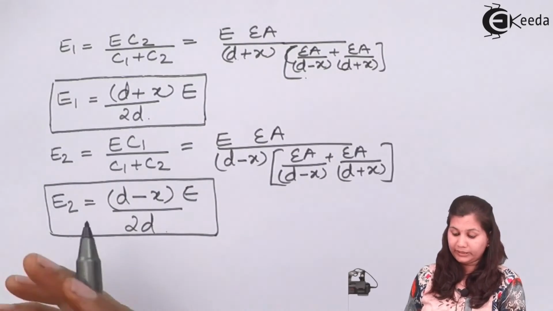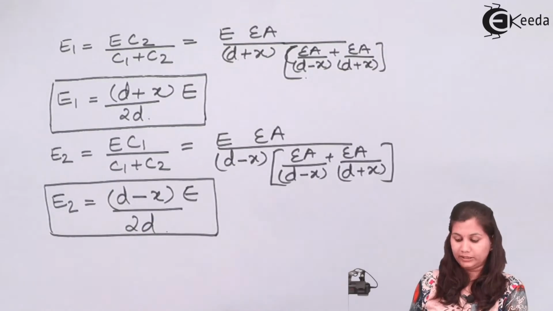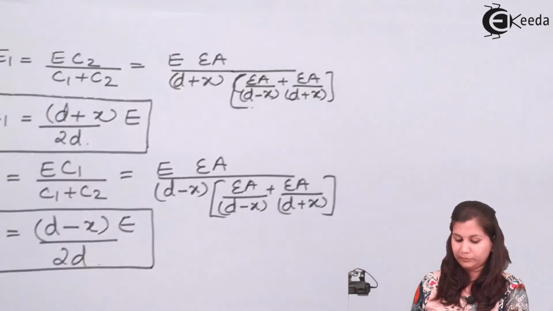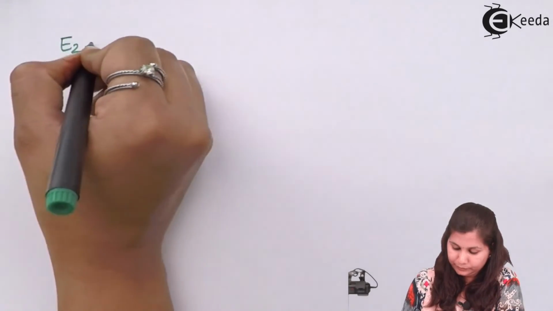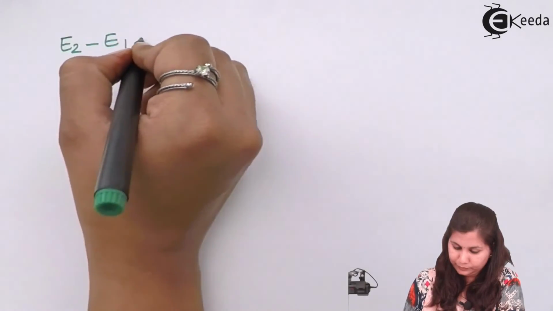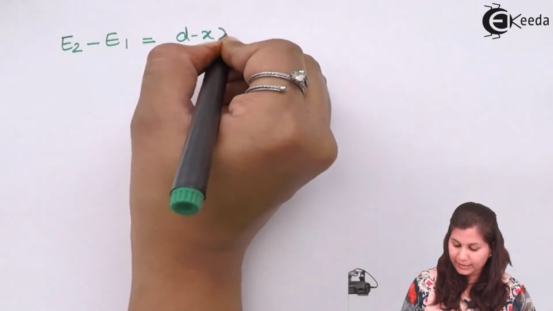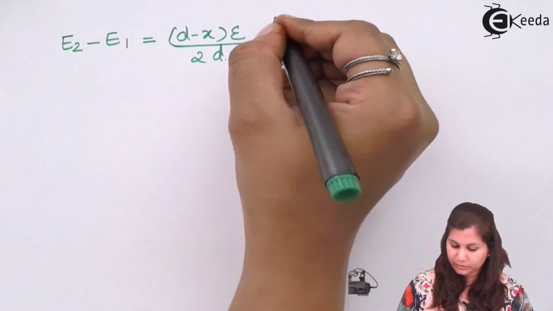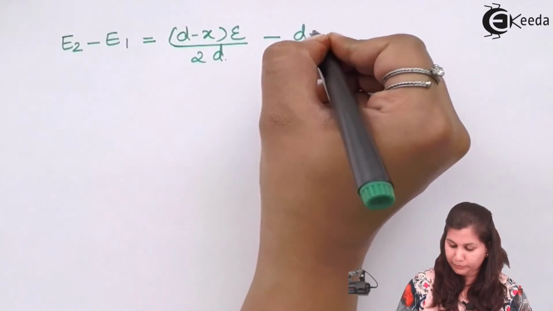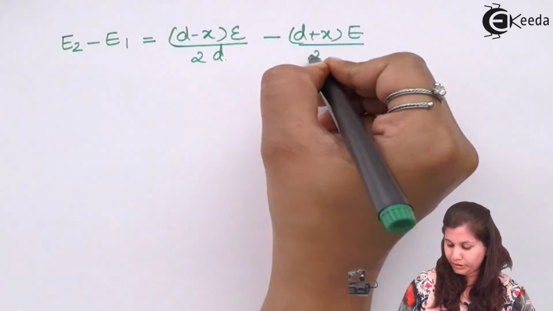Now if we calculate the differential voltage, which is the difference between E2 and E1, E2 minus E1 will be d minus x, E upon 2d, minus d plus x, E upon 2d.